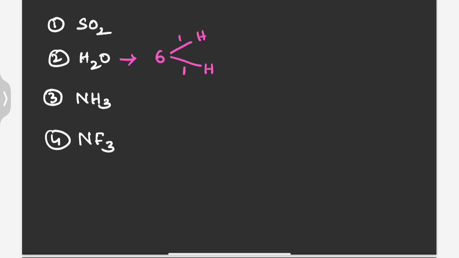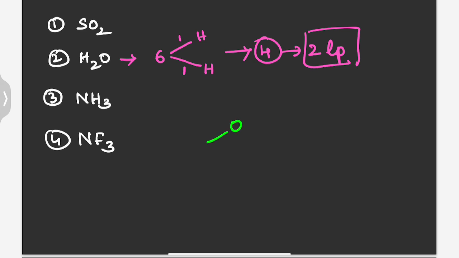If you remove 1 and 1, how many will be remaining? 6 minus 2 is 4. So 4 electrons will be remaining, that is 2 pairs. So 2 lone pairs of electrons will be present in water. You can represent it as oxygen, hydrogen, hydrogen, and then 2 lone pairs of electrons, 1 and 1.